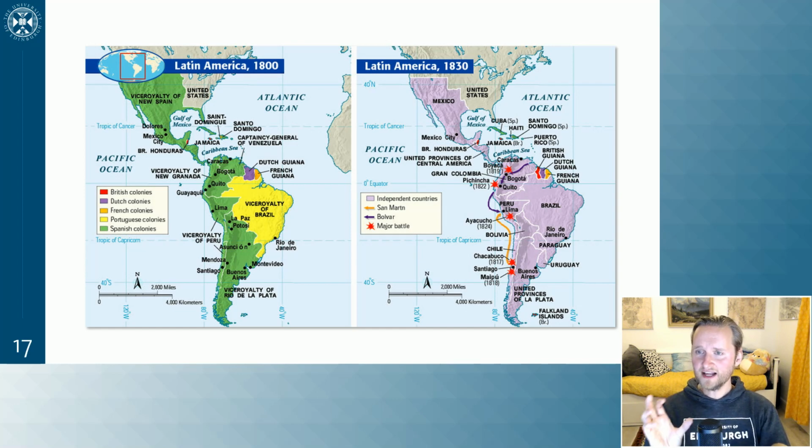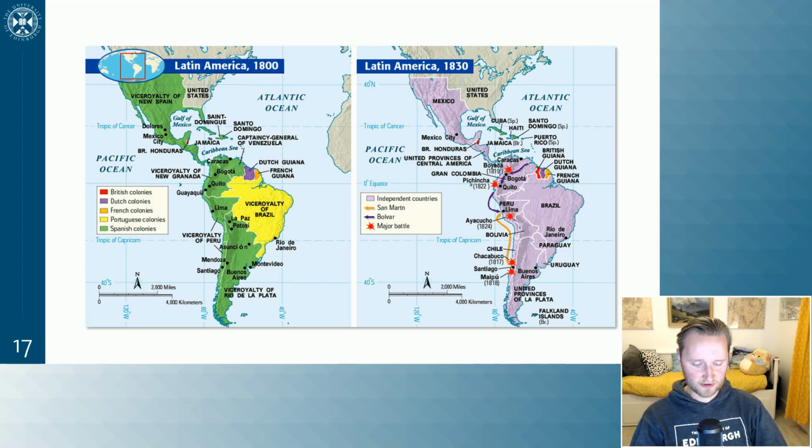So you see how fast this was. So, for example, Simón Bolívar played a major role here in liberating a large part of Latin America from its colonial overlords. So you had this very rapid rise of independent nations where they had previously been none.